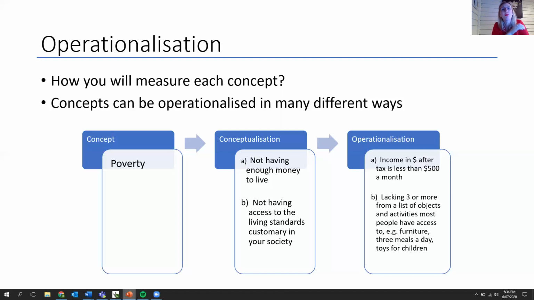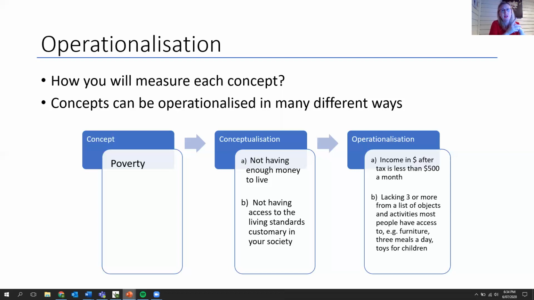Now, how can we operationalize that? So if I put that into a research study and I'm trying to decide, are people in poverty or are they not in poverty? Who am I going to include and who am I going to exclude? This is where that operational definition really comes into play. One way I could operationalize my variable here is, I could say, the way I'm going to measure poverty is I'm going to look at a person's income in dollars after tax.